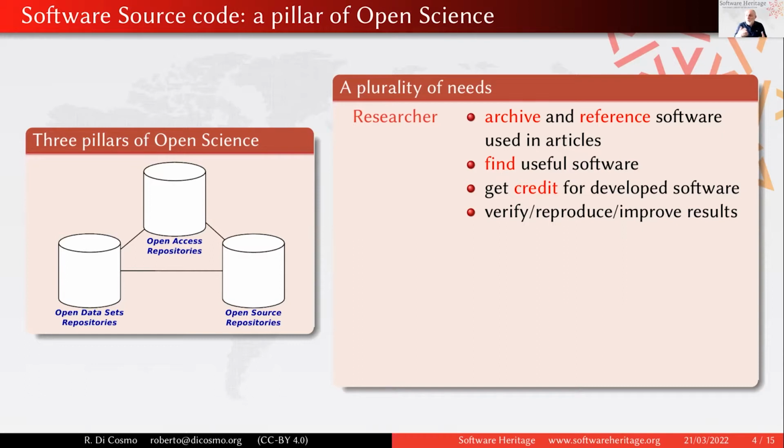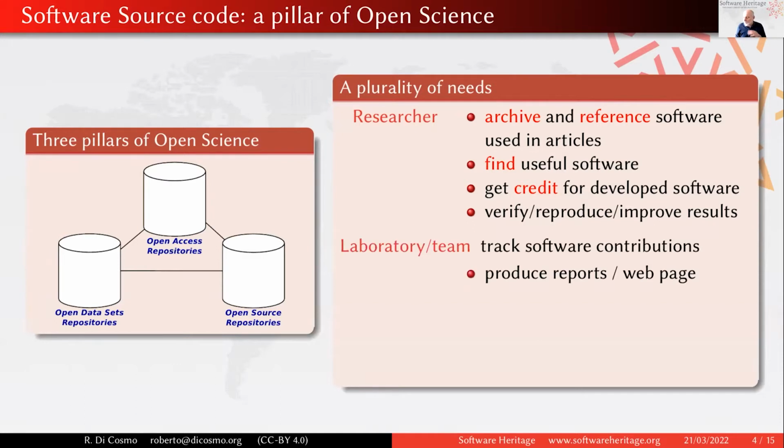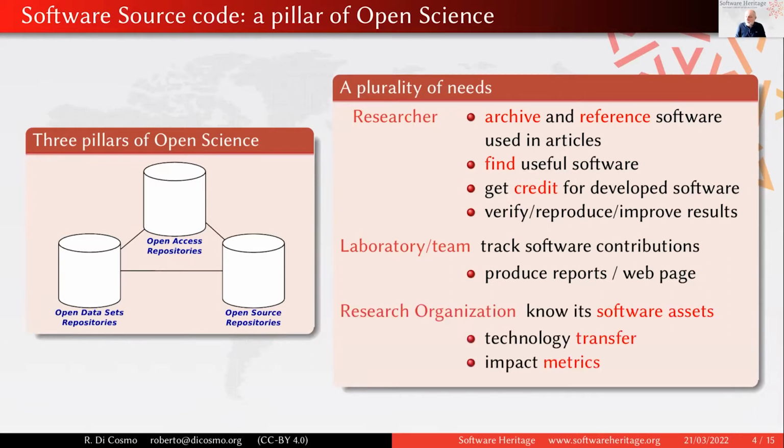But of course, you want to find useful software that you can use in research and reproduce it by other people. You want to get credit for software that has been developed by you if somebody is reusing it. And in general, you may want to verify or reproduce the results of others. Then when you grow older or higher up in the hierarchy, you will discover that you need also to produce reports and maintain a web page: what is the software to which our lab or university has contributed, etc. And when you go very up in the research organization, of course, you need to have a knowledge of what are your software assets for many reasons.